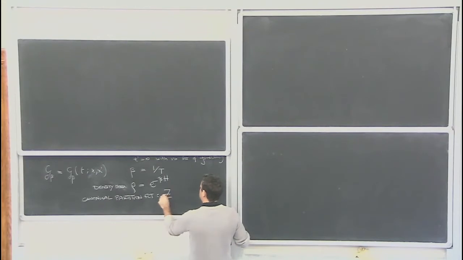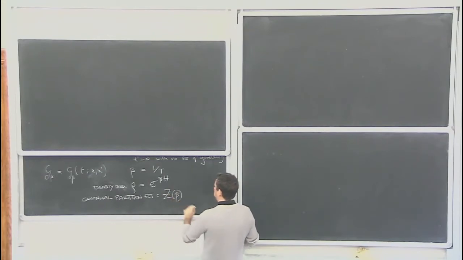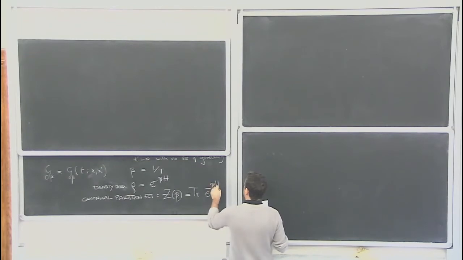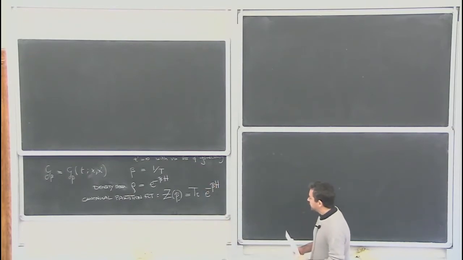So Z will depend on beta, my independent variable, and is the trace over the Hilbert space of the theory of e to the minus beta H. This is the partition function.